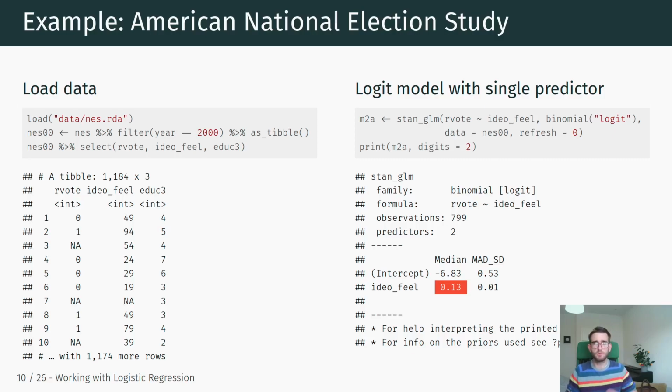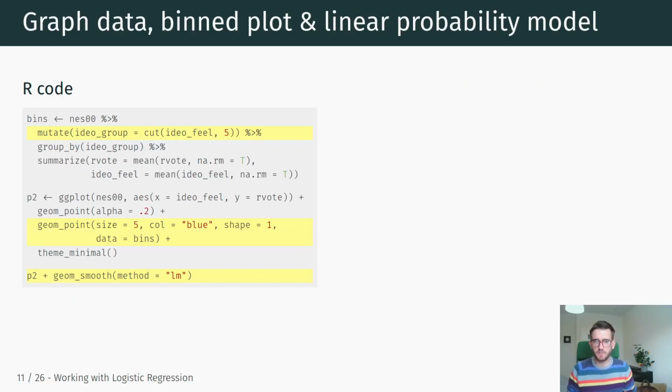What we want to focus on first is visualizing that result and getting a better intuition based on graphing both the raw data and our fitted logistic regression. Before we jump into the logistic regression itself, I want to show you 2 alternative visualizations, one of which is also discussed in the textbook.